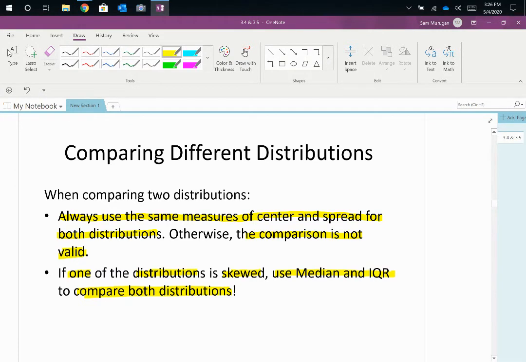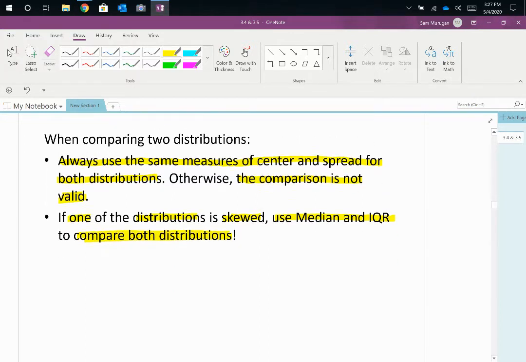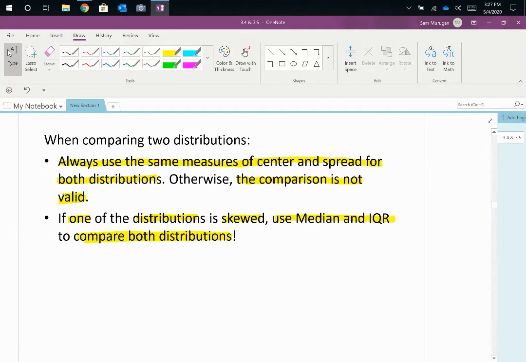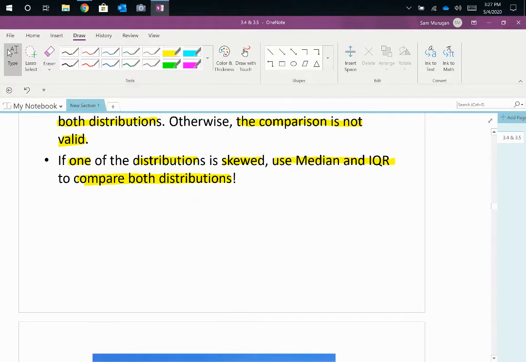If the other one is symmetric, you still need to use the median and IQR because you want the comparison to be valid. So you have to use the same measure for both, even though the one that's symmetric can be compared using mean and standard deviation.